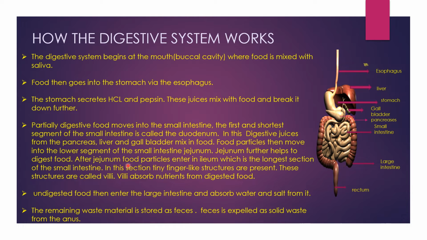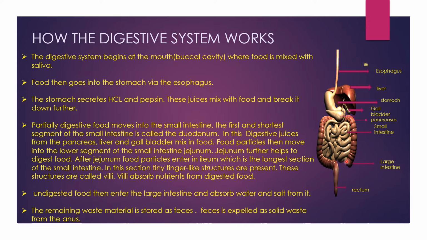After the jejunum, food particles enter the ileum, which is the longest section of the small intestine. In this section, tiny finger-like structures are present. These structures are called villi, and villi absorb nutrients from the digested food.